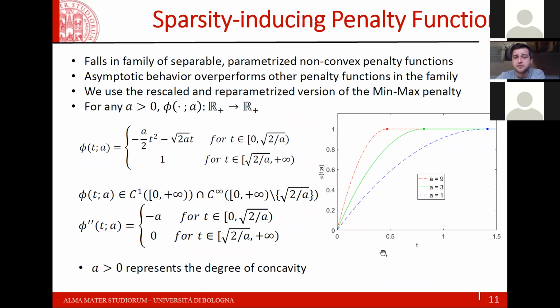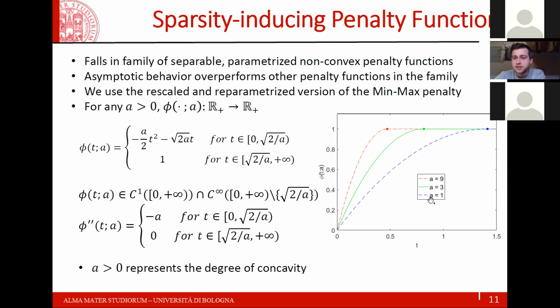The penalty function phi we have used is a rescaled and reparametrized version of a so-called min-max penalty, which falls into the family of separable parametrized non-convex penalty functions. It can be defined in the following way, and on the right you can see some graphs of these penalty functions for different values of the parameter a.